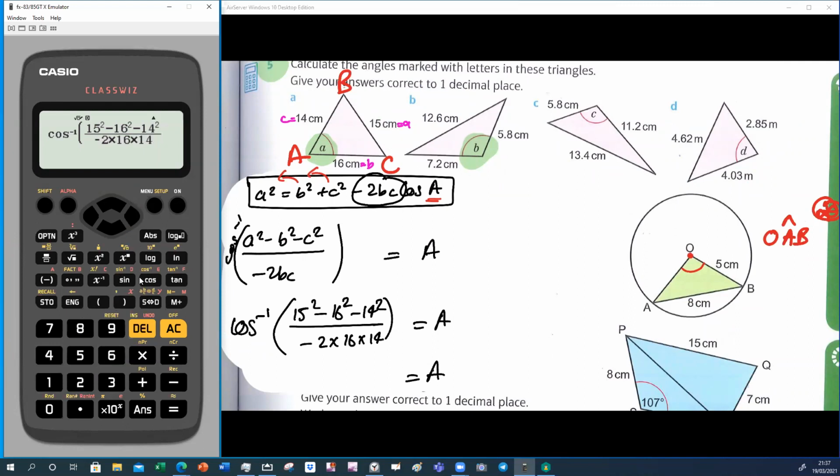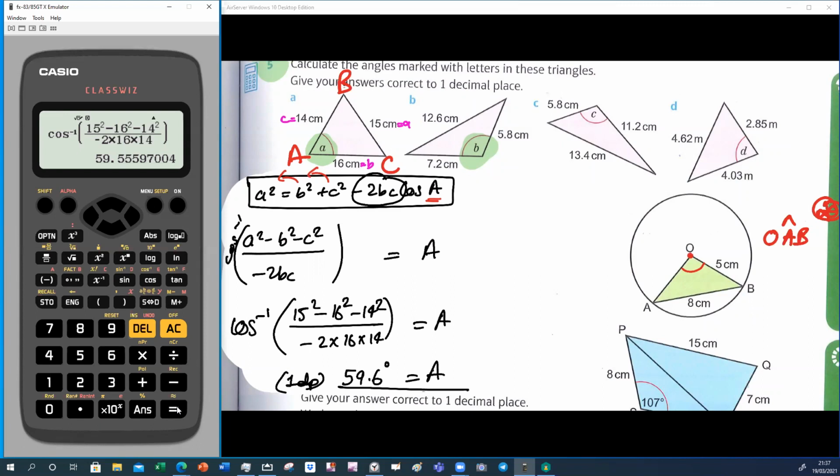Press replay, bring it up to the top, close the bracket, press equals, and 1 decimal place. So you get 59.55559, so 59.6 degrees to 1 decimal place accuracy. Boom, and the question is done.